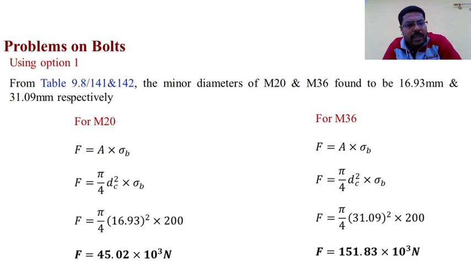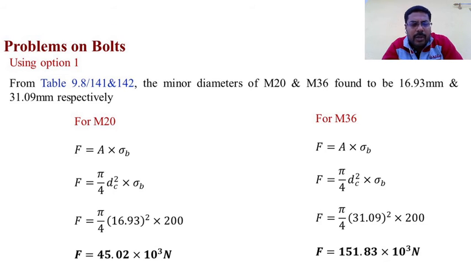Therefore from the table, using option number 1, core diameter, or minor diameter. From the table 9.8 divided by 141 and 142, the minor diameter of the M20 and M36 bolt is 16.93 mm and 31.93 mm respectively.